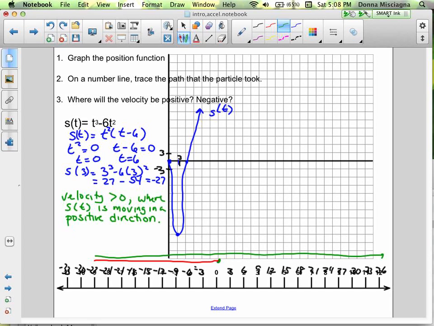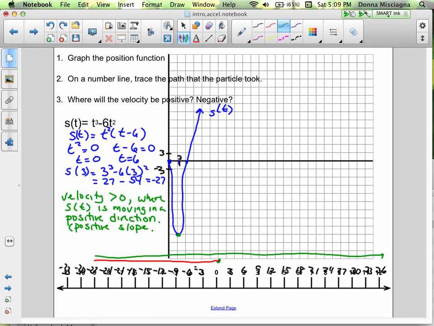Right, we have a positive slope. That means from right here onward, our particle is moving in the positive direction. So we're moving in a positive direction from 3 to infinity.